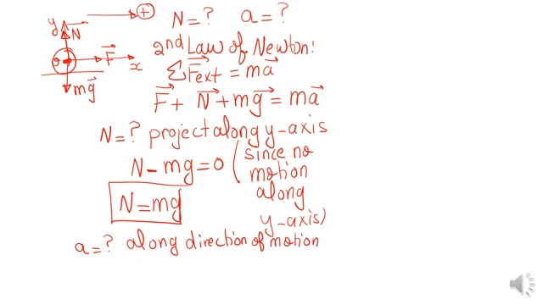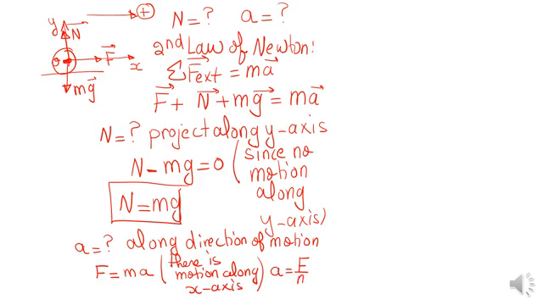Along the direction of motion, the only force acting is F equal m times a. Why do we write here m times a? Since there is motion along the x-axis. In this case, we have the acceleration equal F over m. Now, we have to study the type of motion. To study the type of motion, we have to find the acceleration.